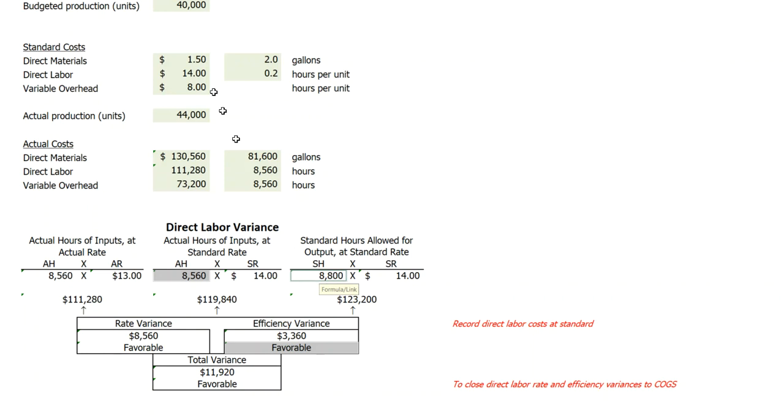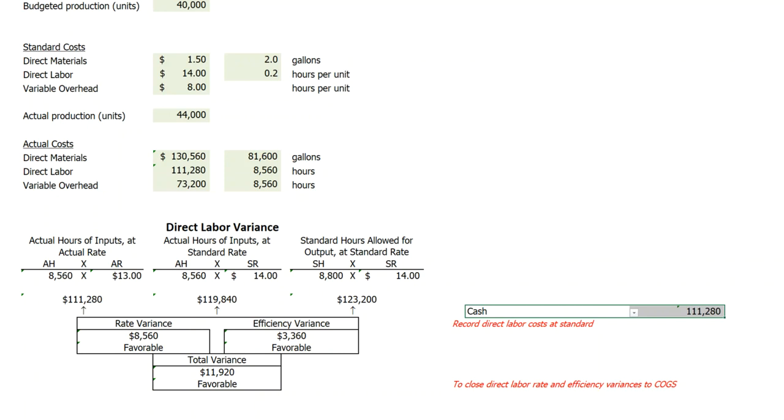Let's go ahead now and take a look at our journal entries to record this. Again, actual labor cost, we would have paid cash or hit cash and accounts payable for $111,280. We again record labor at our standard hours and our standard rates.